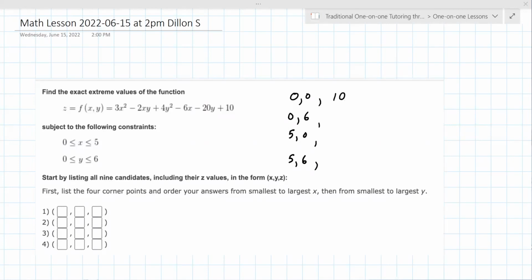Do you know if your WebAssign allows you to check just the ones you enter, meaning it doesn't check all of them so you don't lose your attempts? Yeah, if I just submit one, I can press submit and it will check if it's right. It doesn't take away the attempts on the ones that you did not submit. Yes, correct. Okay, okay.